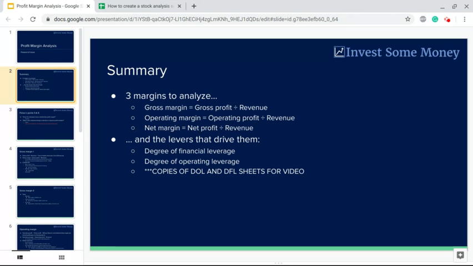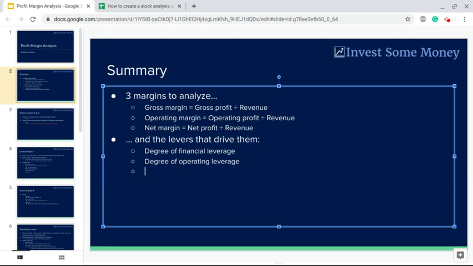Nothing really new here. What I want to expound upon and give my own twist on is the levers that can drive them. I did bring in my spreadsheets from my other site, spreadsheetsforbusiness.com. The levers that drive those margins, in particular, are the degree of financial leverage and degree of operating leverage, and we'll cover those more in depth a little later on.